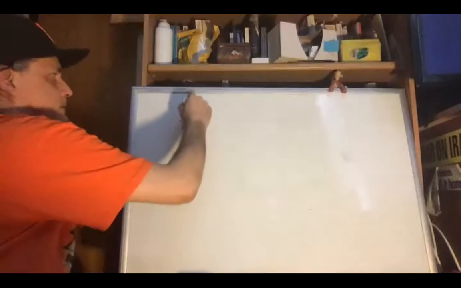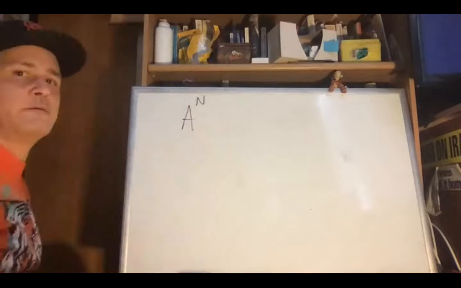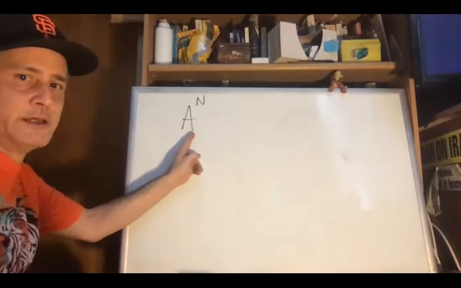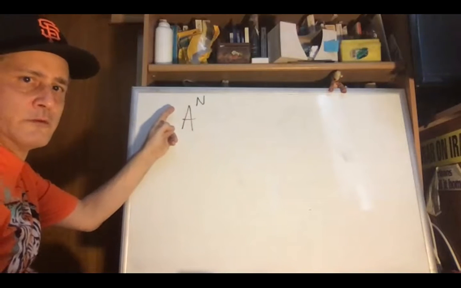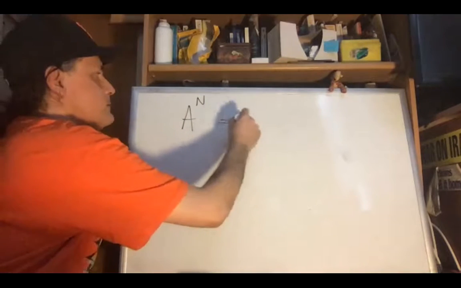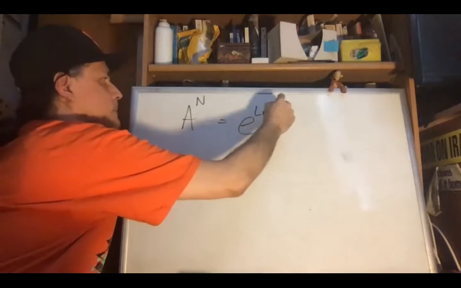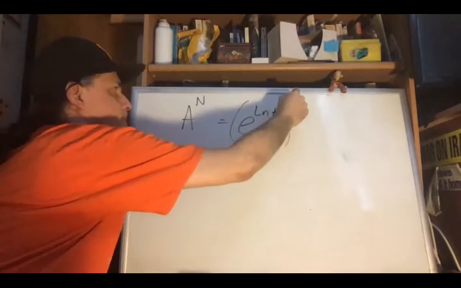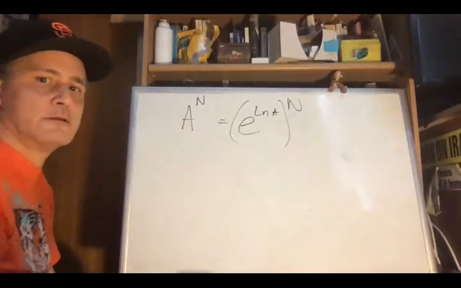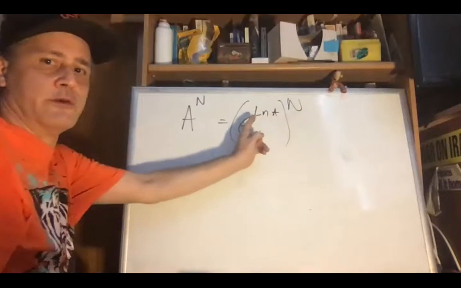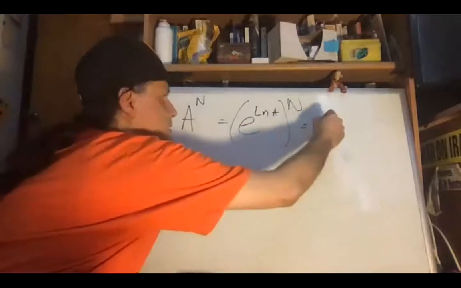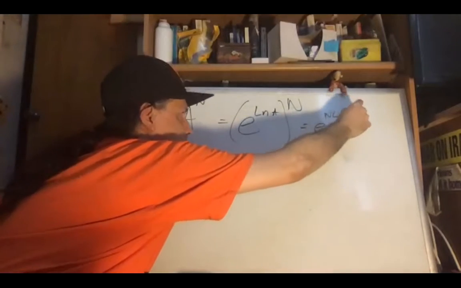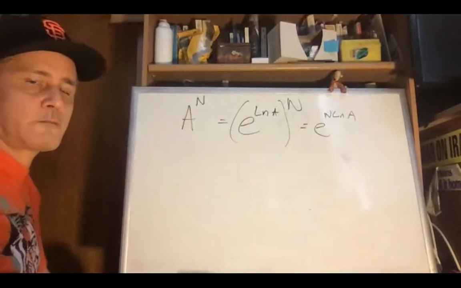Okay, and so likewise, what if we had some value with an exponent? Well, we can change the value that has an exponent, right? So let's say we wanted to use base e. Okay, then notice what happens. Now you have a power outside parentheses, so the power multiplies the log. Right?